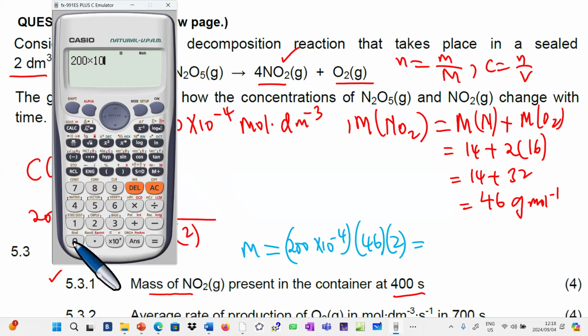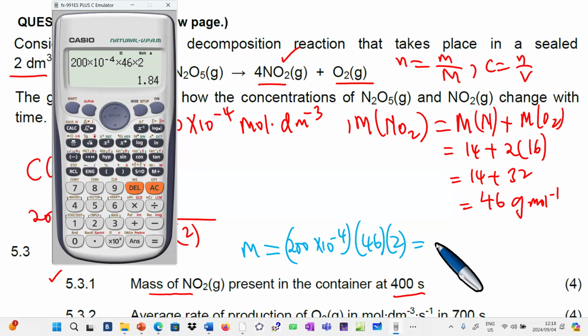So 200 times 10 to the minus 4, and then you multiply that by 46, and divide by 2, and you have 1.84. That is the mass.